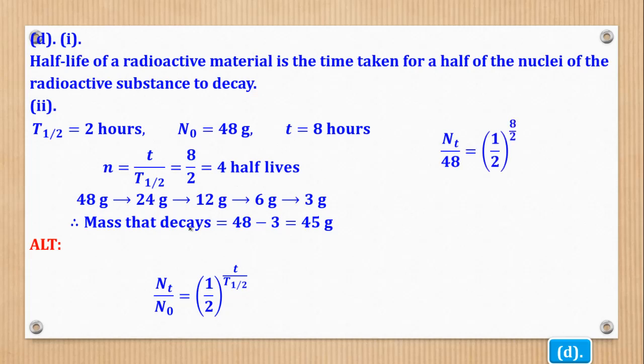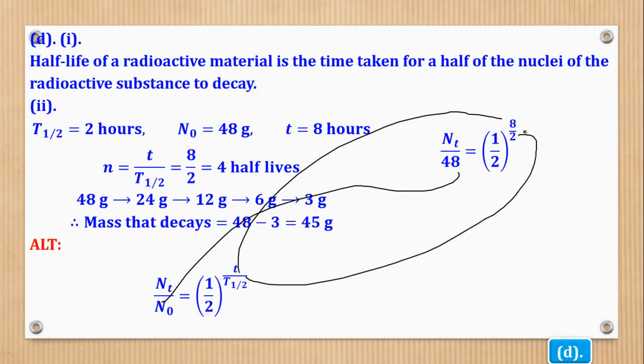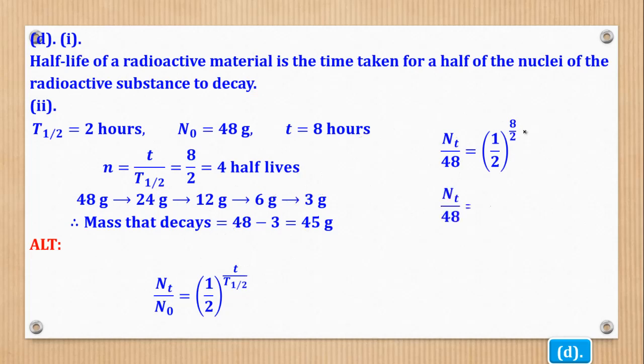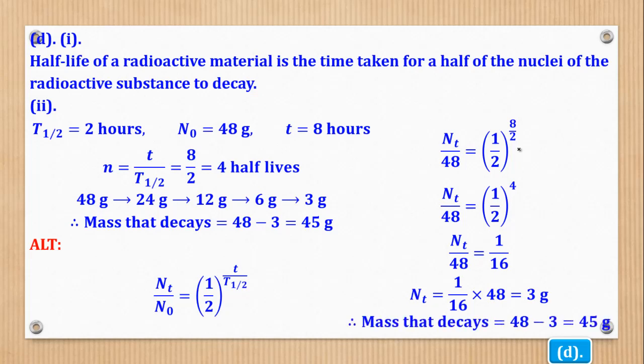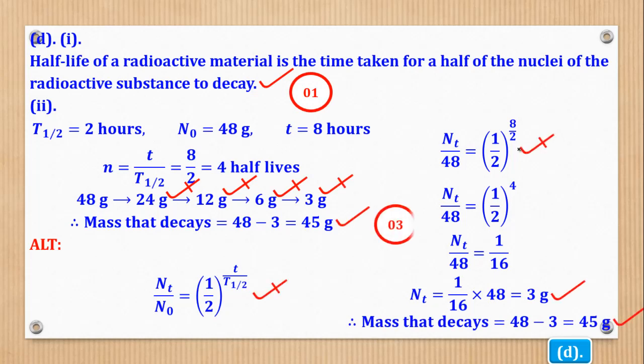So substitute for No, then t, and t half. It's only Nt which is unknown, so I'll make it the subject. Then I can get the mass that decays. And that's what they wanted.